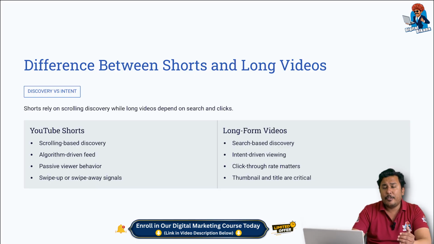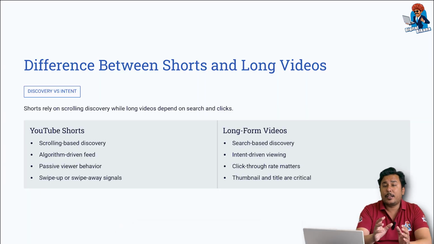So it is intent driven viewing, and click through rate matters for YouTube videos. You should primarily focus on getting a good CTR, and for getting a good CTR you can create good thumbnails and titles that attract the viewers. If you are getting a good CTR, then automatically your YouTube video will get lots of views.